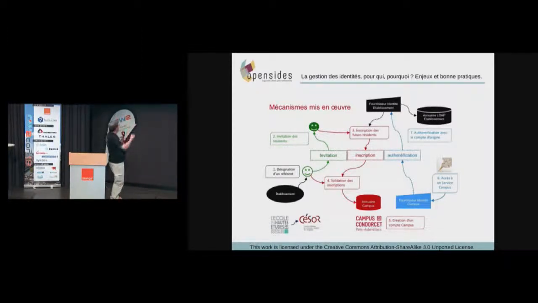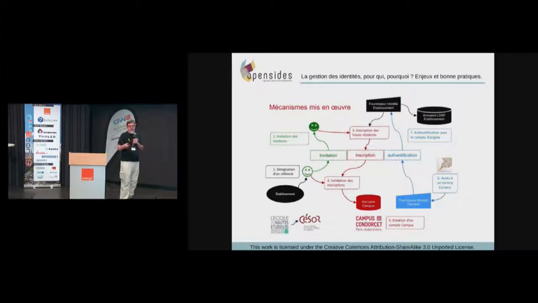First, you have a referent that has been designated. The referent is doing the invitation. Then the people get a mail, click on the link, get the form, fill the form, and then it's validated by the referent.